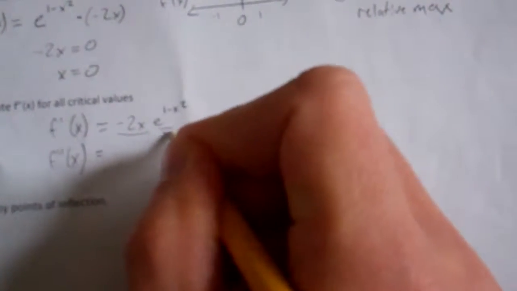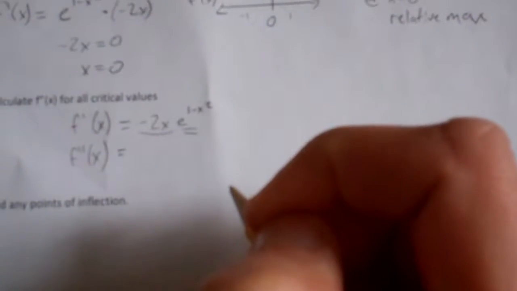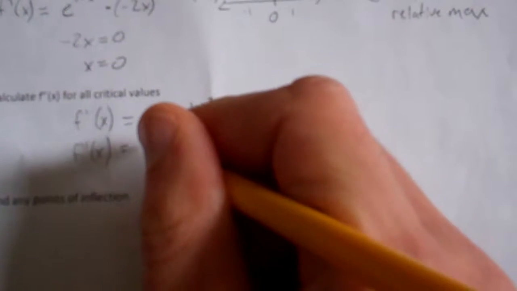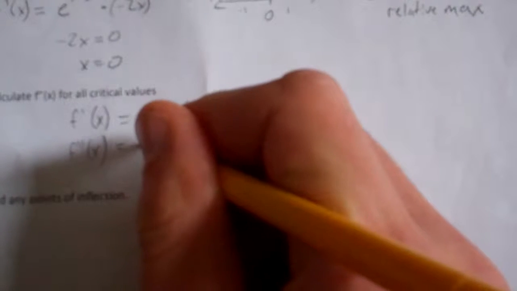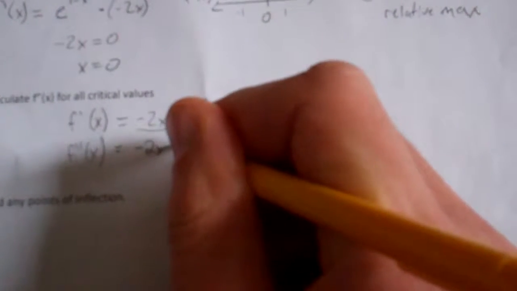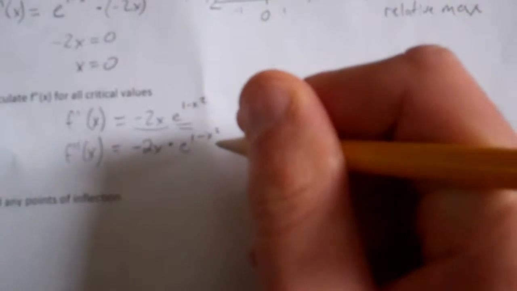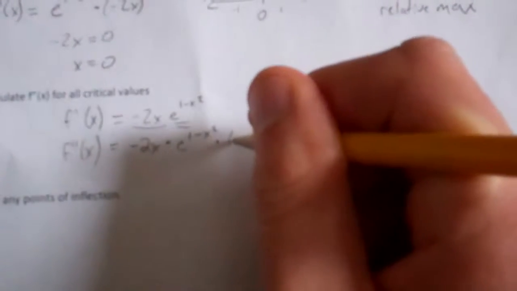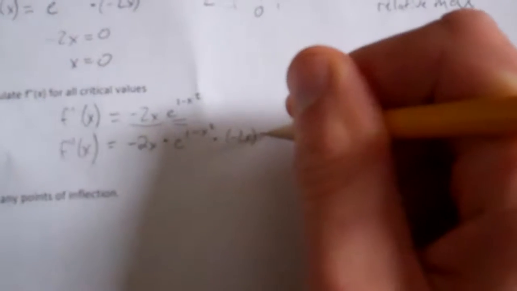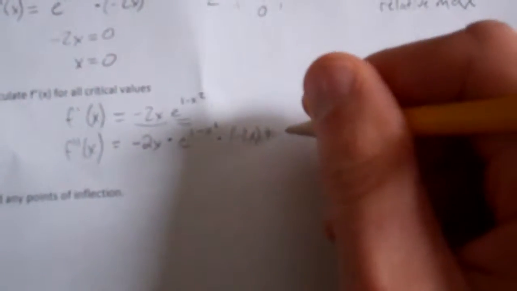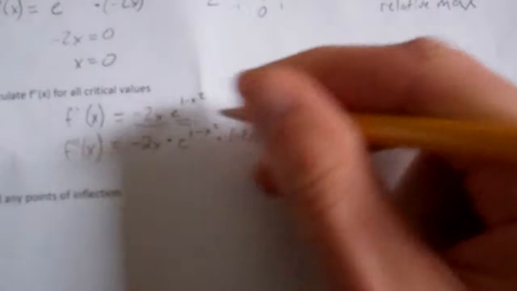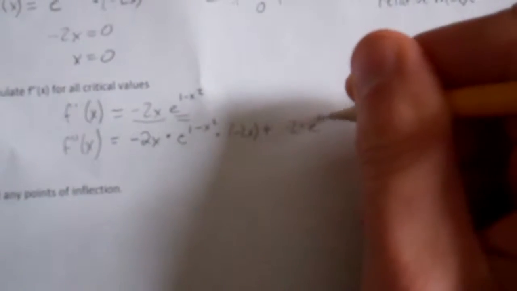This will be my u, and then e to the 1 minus x squared will be my v. So I'll take u times the derivative of v, which is e to the 1 minus x squared times negative 2x. Then I'll add the derivative of u, which is negative 2, times v, which is e to the 1 minus x squared.